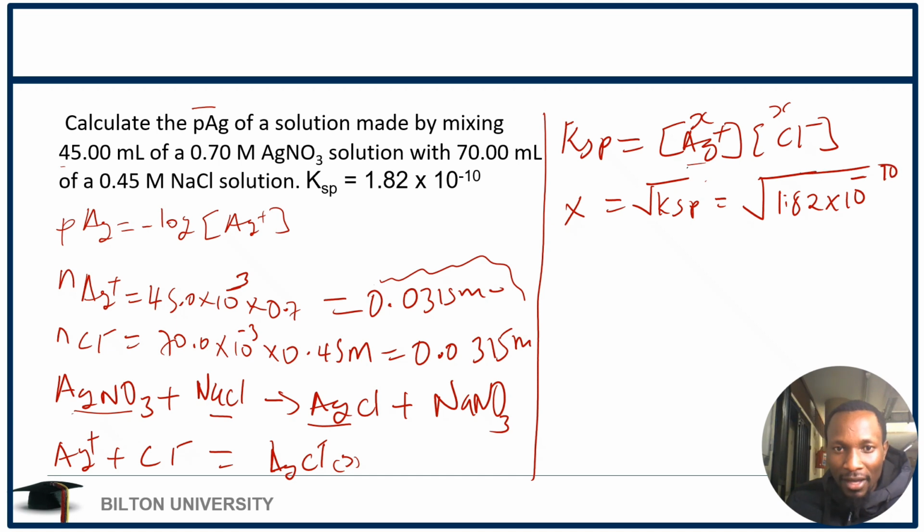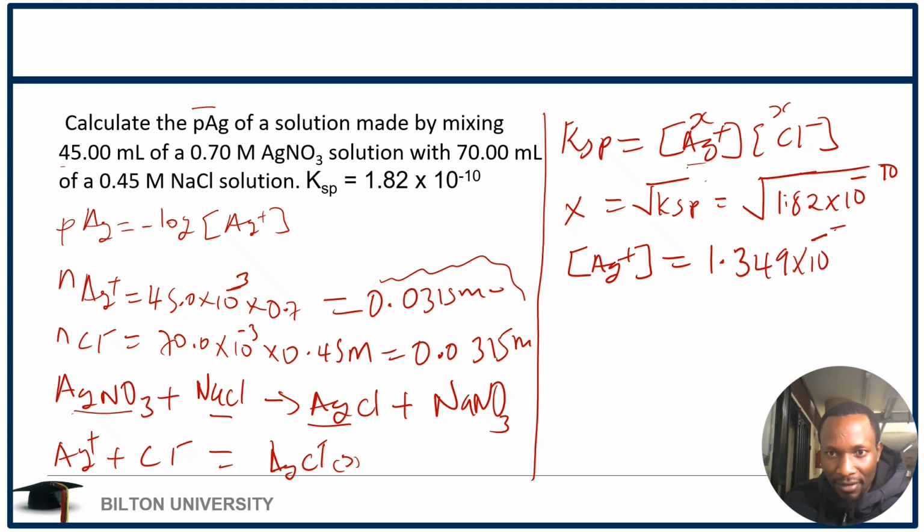So the value of X, which is the concentration of our ion, in this case silver ions, will be the square root of 1.82 times 10 raised to the power minus 10. That's going to give us a value of 1.349 times 10 to the power minus 5 molar. This is the concentration of silver ions at equilibrium.